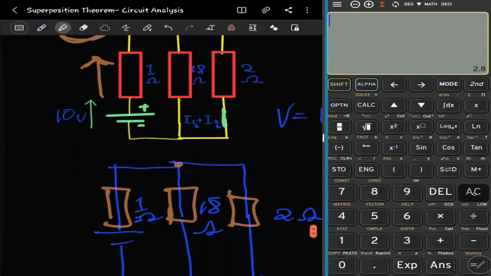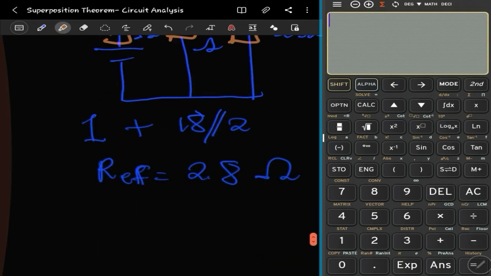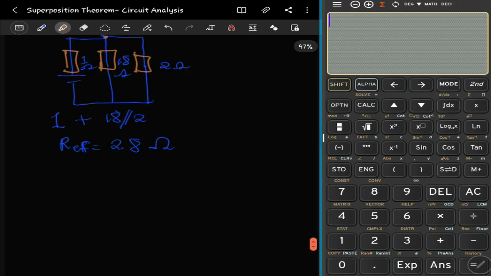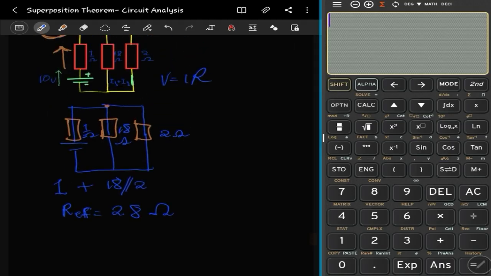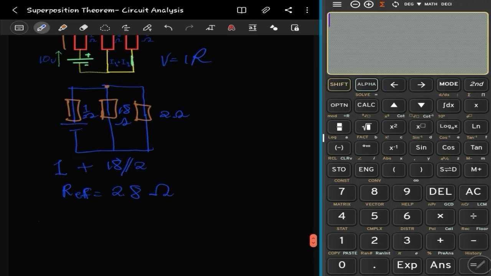So now let's find out I1B. I1B will be equal to V over R. We know V to be 10 and R to be 2.8.